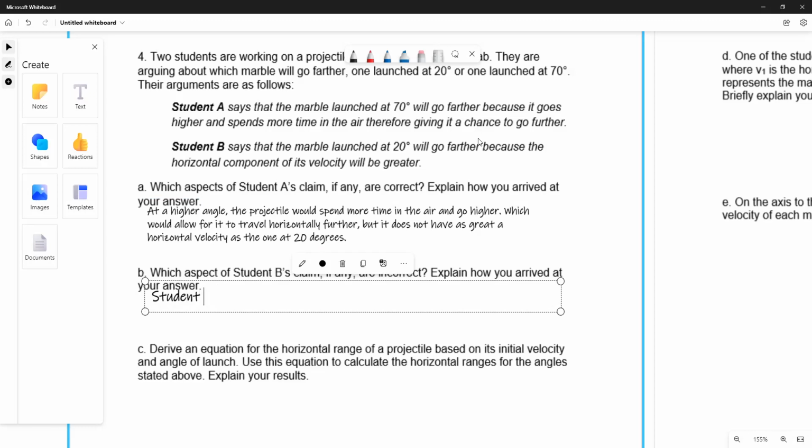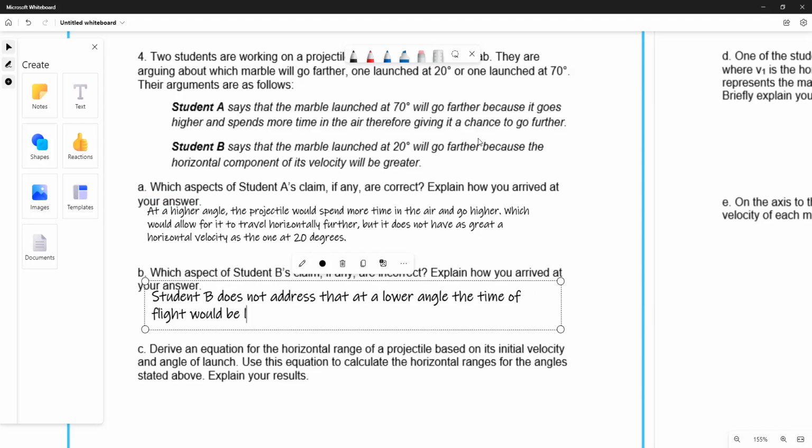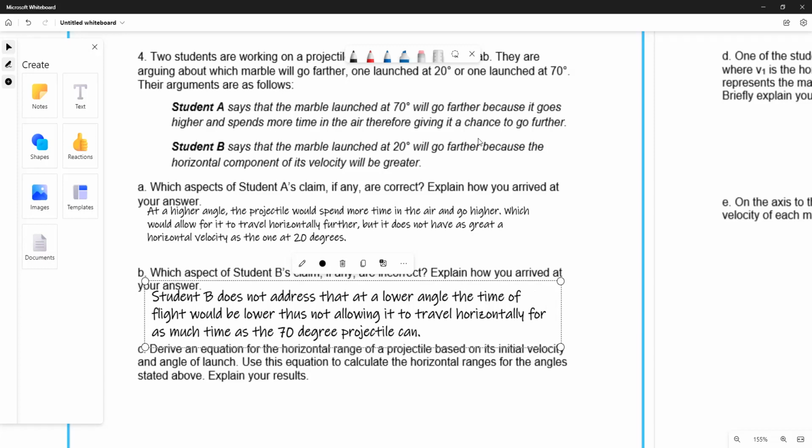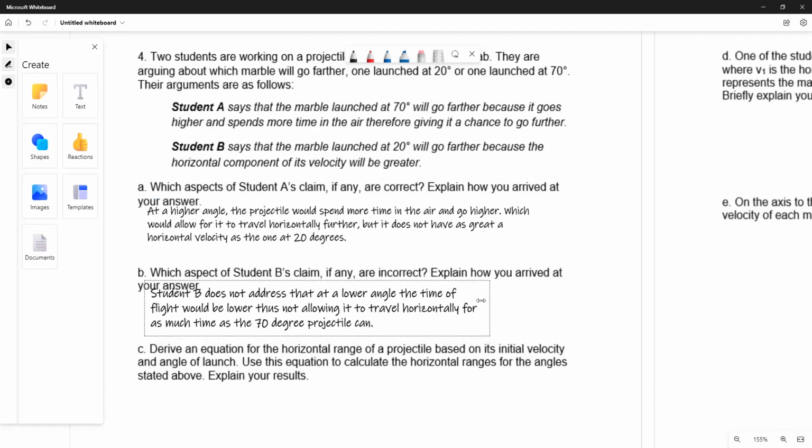Student B does not address that at a lower angle, the time of flight would be lower, thus not allowing it to travel horizontally for as much time as the 70-degree projectile can. I'm not saying that it goes further, but it doesn't have as much time to do that, even if it could. Right?